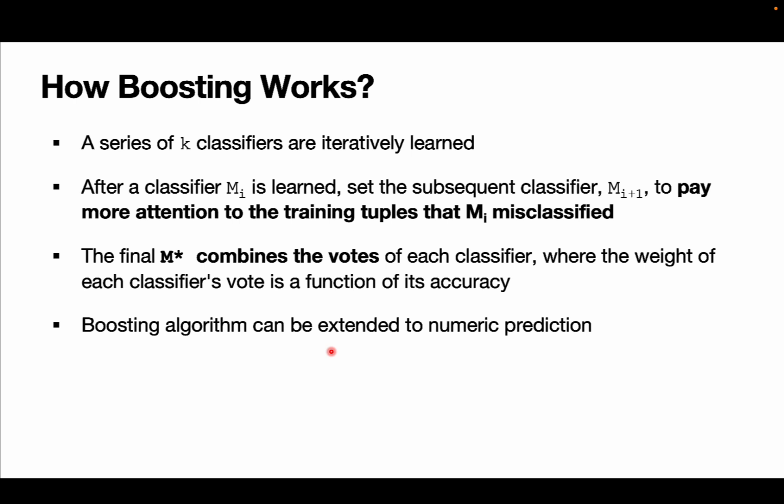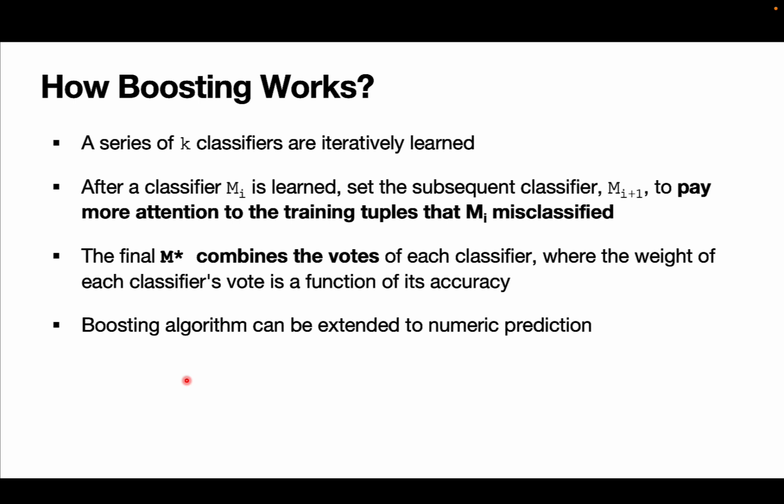In boosting, we train a sequence of k classifiers, and after learning a classifier, let's say m sub i, the next classifier gives more attention to the misclassified instances, which progressively improve the overall accuracy of the model. The process continues until we build the final classifier, which achieves the highest accuracy.